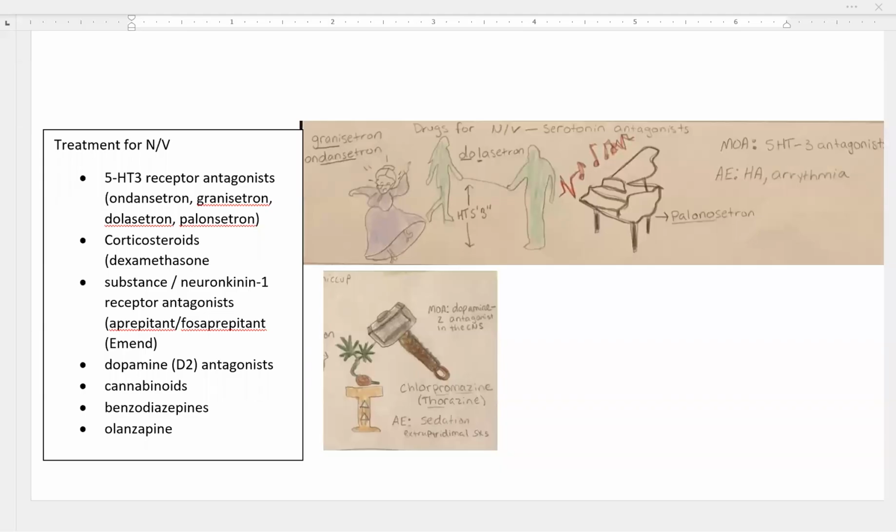And just to finish up with a couple things from our fourth PowerPoint, we talk a little bit about postpartum depression. So you can use tricyclic antidepressants, which are these. Just a reminder, your TCAs are desipramine or Norpramin, amitriptyline or Elavil, nortriptyline or Pamelor.